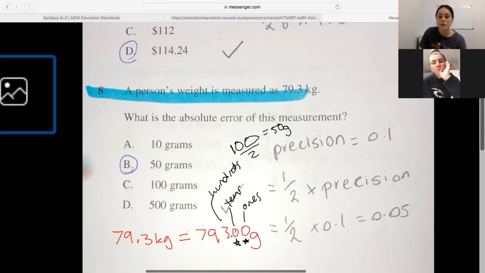So the smallest unit is the 3, which is in the hundreds section. Does that make sense? Yes. And so the smallest unit is 100, and it's half the smallest unit. So it's 50.